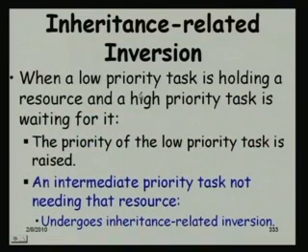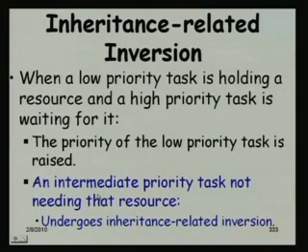Okay. Now, let us look at the inheritance related inversion. When a low priority task is holding a resource and a high priority task is waiting for some resource, then the priority of the low priority task is raised by the inheritance clause.